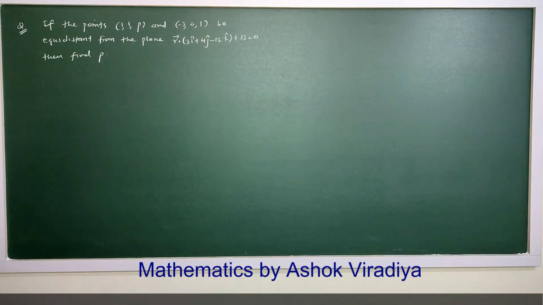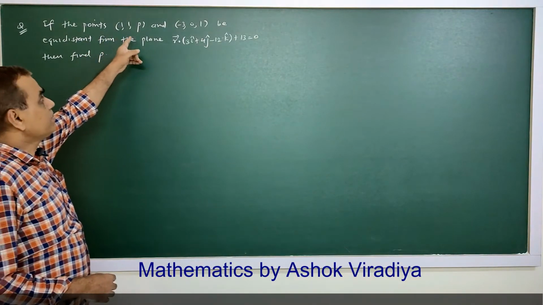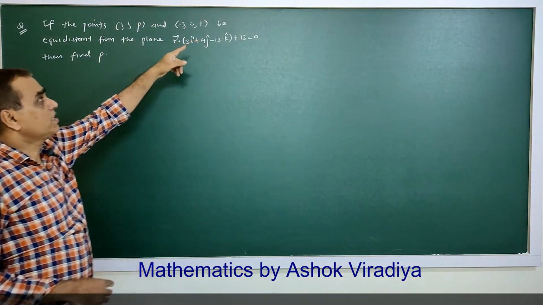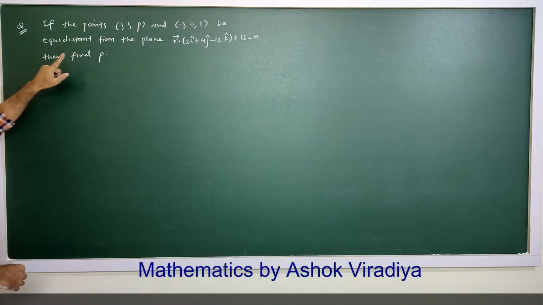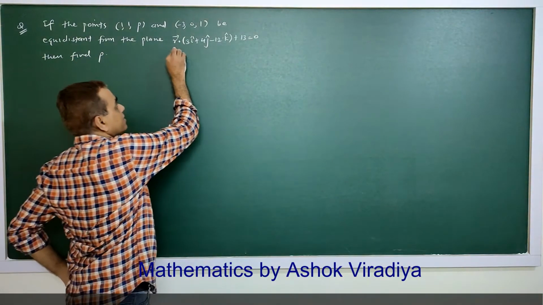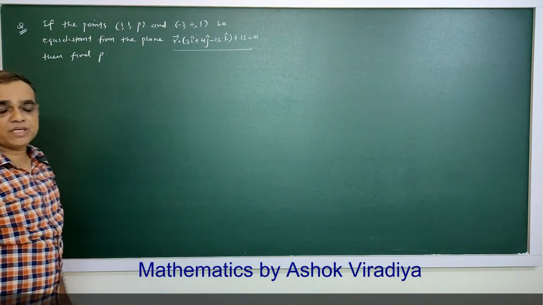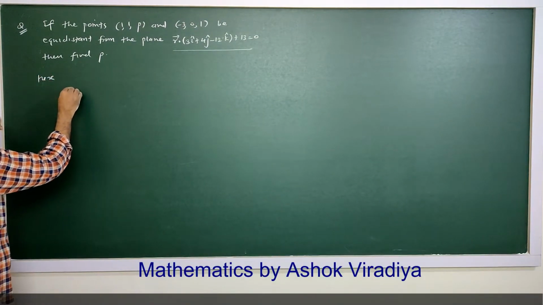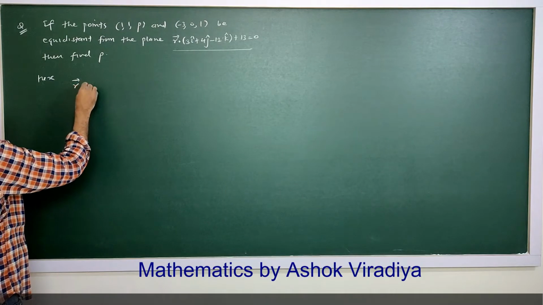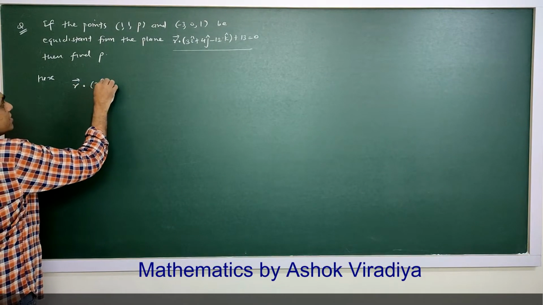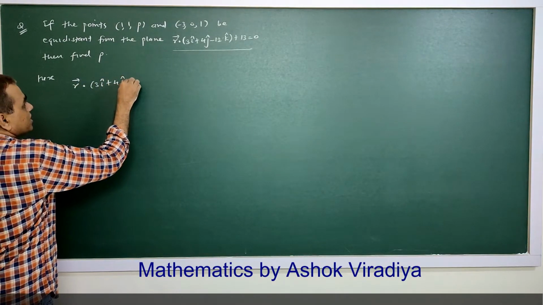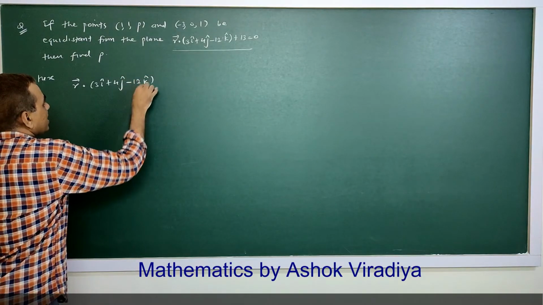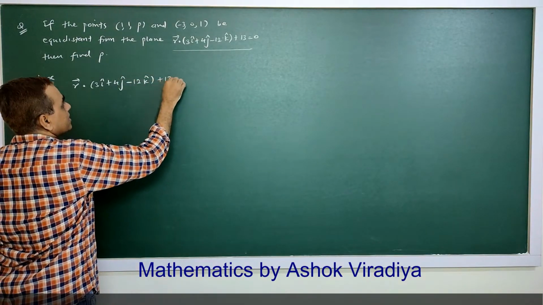If the points 1, 1, p and minus 3, 0, 1 are equidistant from this plane, then find the value of p. Here the plane is vector r dot 3i plus 4j minus 12k plus 13 equal to 0.